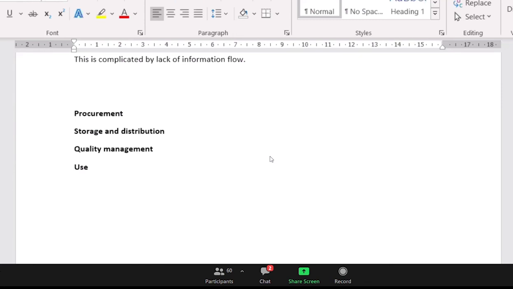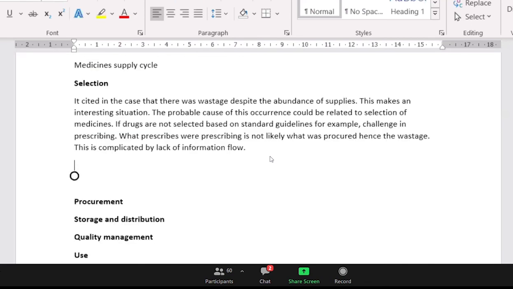Sir, on the three questions, identifying the challenge: in our case we identified the challenge as selection. Then discussing the causes. Those are the causes we've discussed. Which causes? The paragraph you've written. You can combine the identification and causes, right?